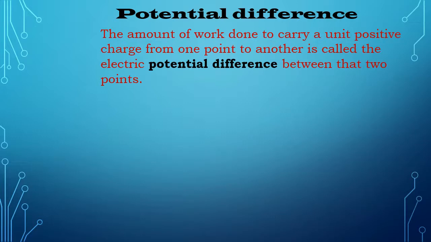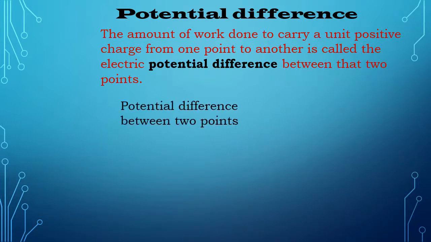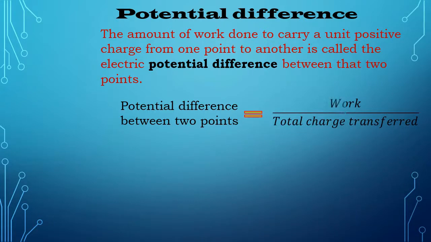The amount of work done to carry a unit positive charge from one point to another is called the electric potential difference between the 2 points. Let us see the formula. Potential difference between 2 points is equal to work upon total charge transferred.